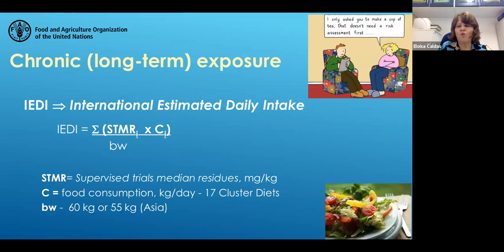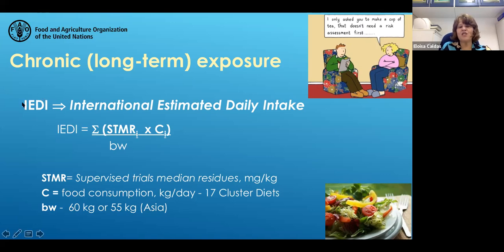So let's start with the chronic or long-term exposure. Even the GMPR go back and forth between chronic and long-term. And we apply the same equation that I showed you before. Basically, it's concentration times consumption divided by body weight.